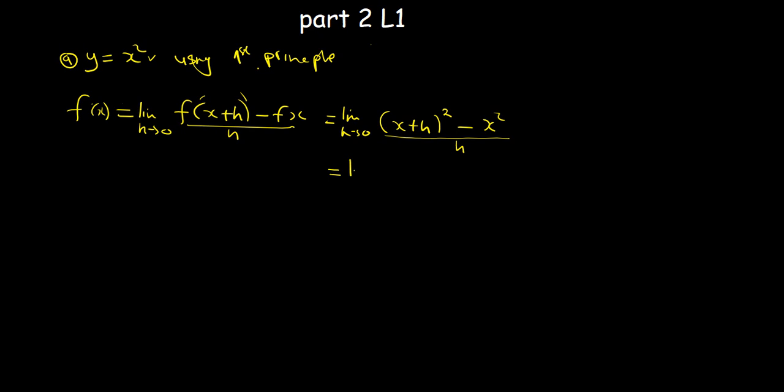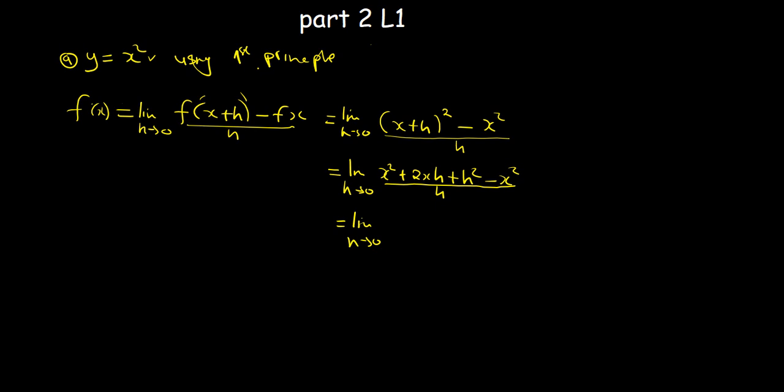So limit as h approaches 0, we'll just multiply this out. Once you expand it, it gives you x squared plus 2xh plus h squared, minus x squared, over h, like that. Okay, so we continue by saying limit as h approaches 0.